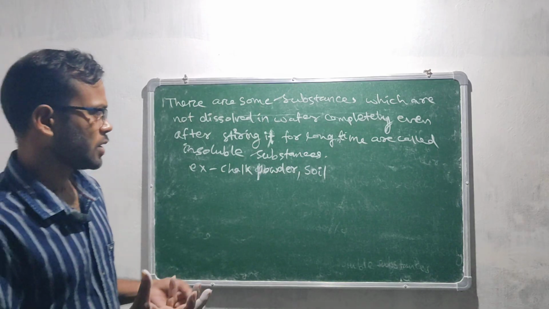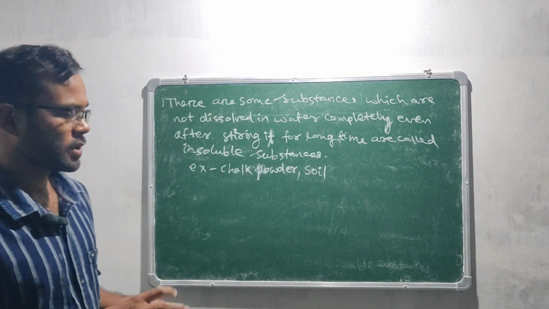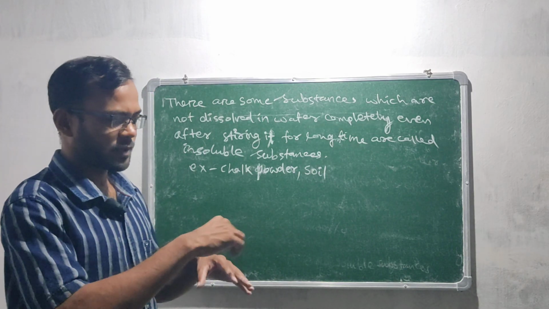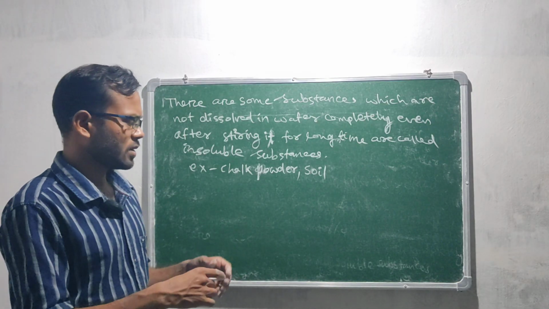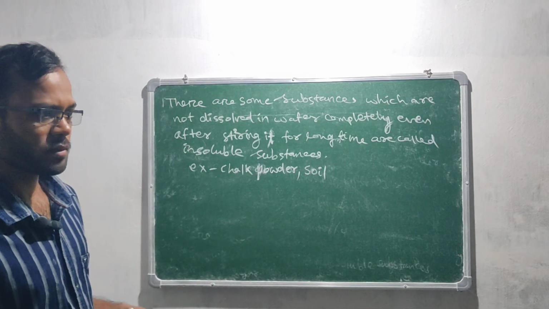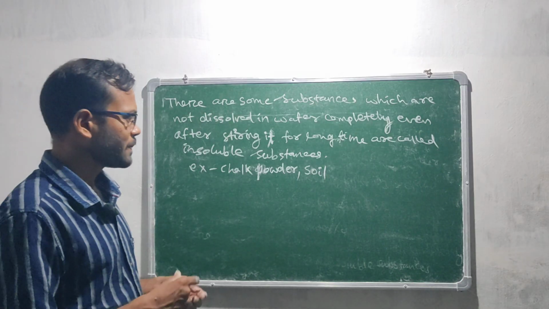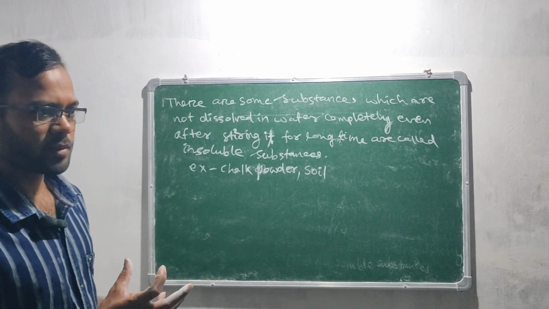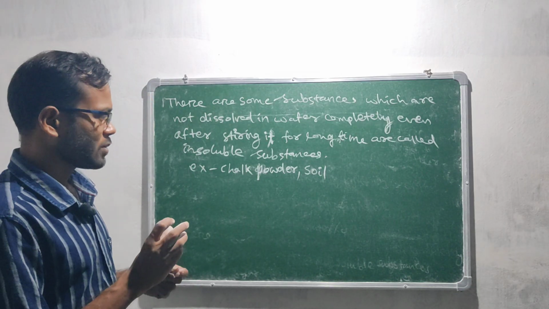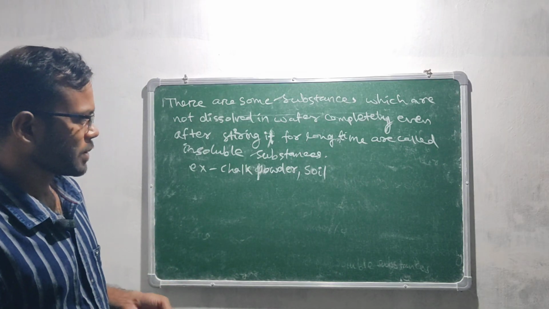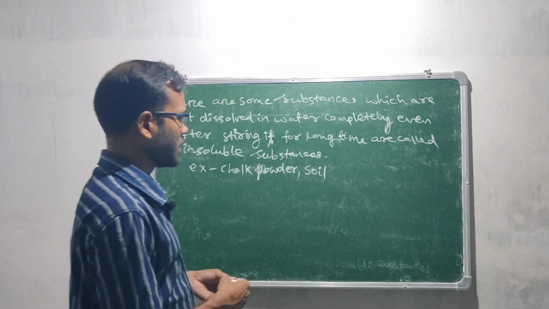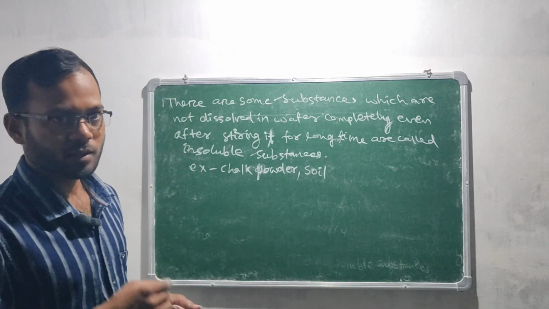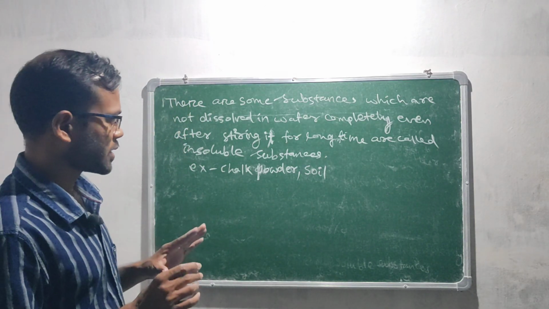No. Whenever we put some soil in the water and stir it for some time, it will change the color of the water. Transparency will disappear. But after some time, some substance settles at the bottom. So you can say that soil is not soluble in water.